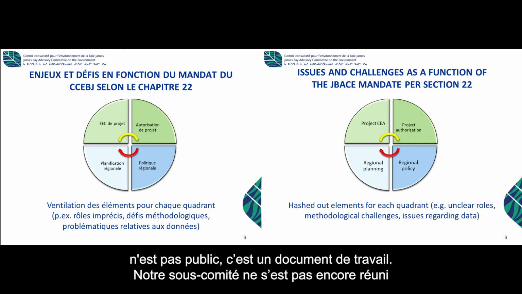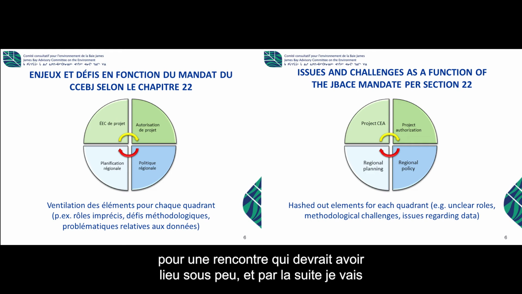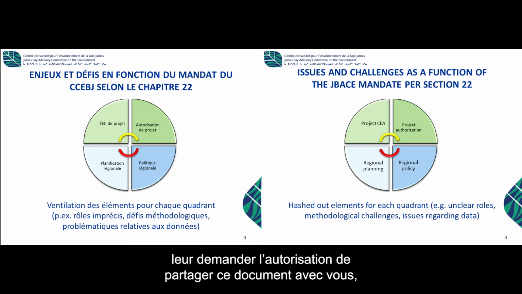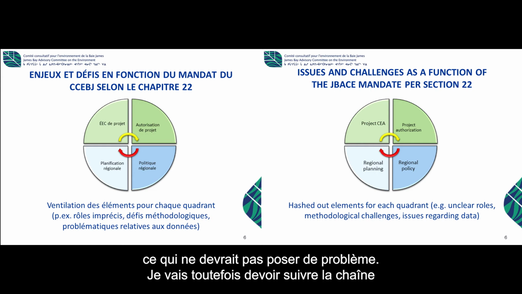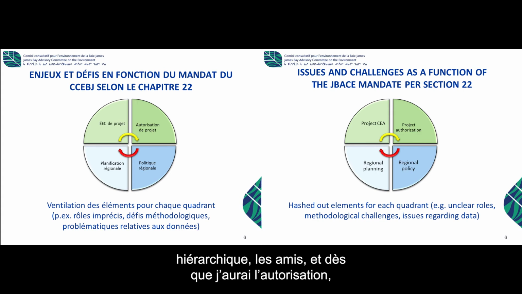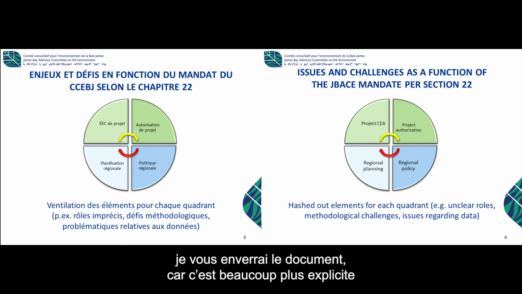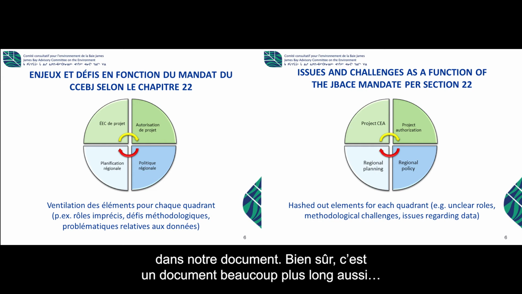Our subcommittee has yet to sit for a meeting, which should occur shortly. One of the things I'm going to ask them is authorization to share the document with you, which shouldn't pose a problem at all. But I just need to follow the chain of command, folks. Upon authorization, I'll surely send this to you because it's much clearer in our document. Of course, it's a much longer document as well.